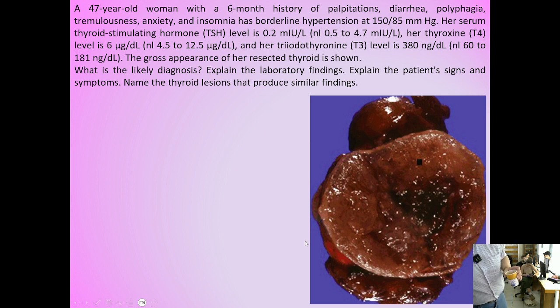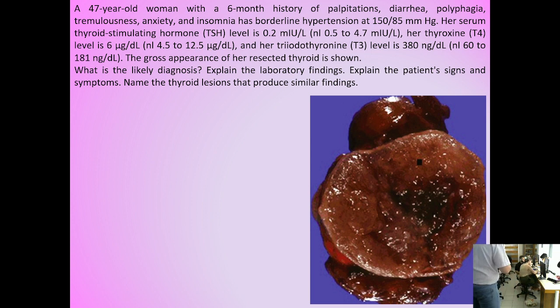Here is one, quite big. However, it is fully encapsulated, and let's have a look at the clinical information. It causes palpitations, diarrhea, polyphagia, tremulousness, anxiety. These are signs of hyperthyroidism.